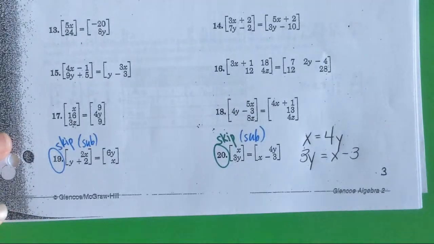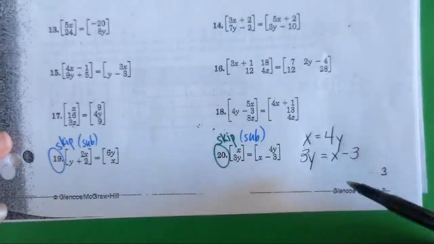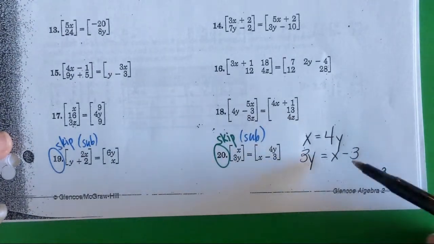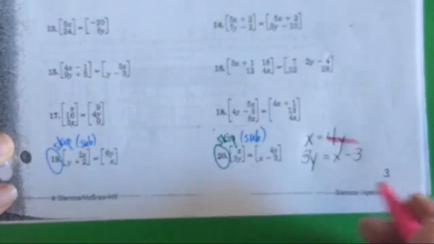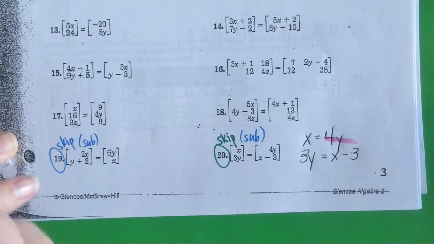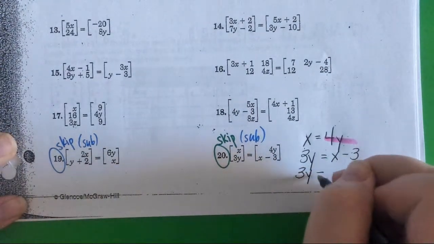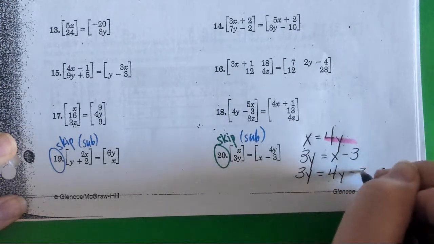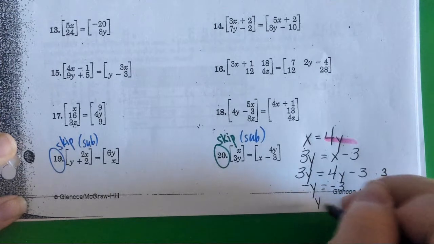And I get we're mad at it because that's 2 equations with 2 different variables, but my God, that's all you've been doing lately with substitution, elimination, and graphing. So since x is 4y, everywhere in that second equation I see an x, I'm going to put 4y. So I'm going to substitute. So 3y equals 4y minus 3. I get negative y equals negative 3, so y equals 3.